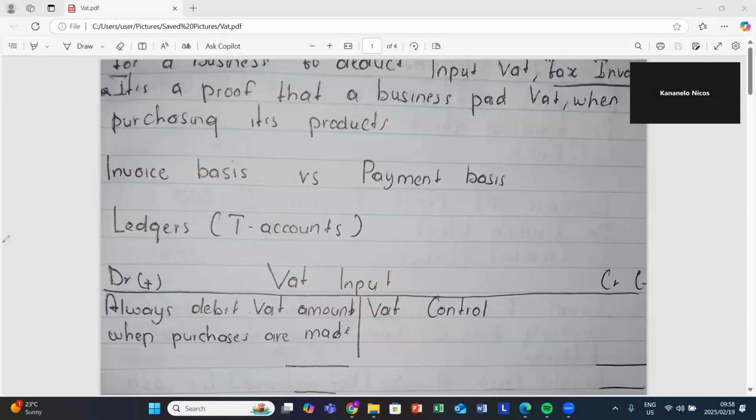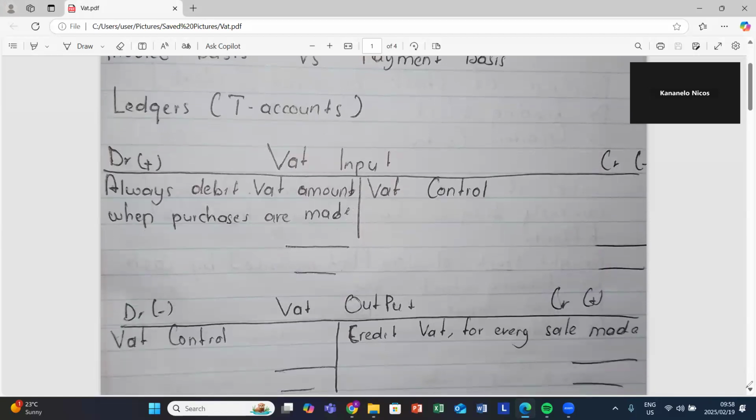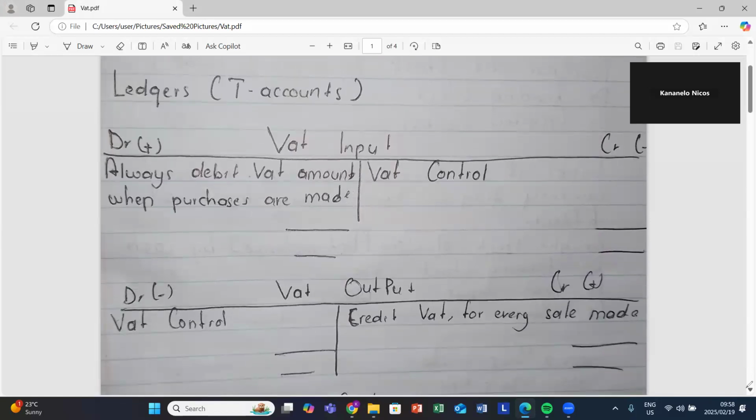And then the second ledger account that we have is VAT output. We said that we associate our VAT output with what? With customers or sales.